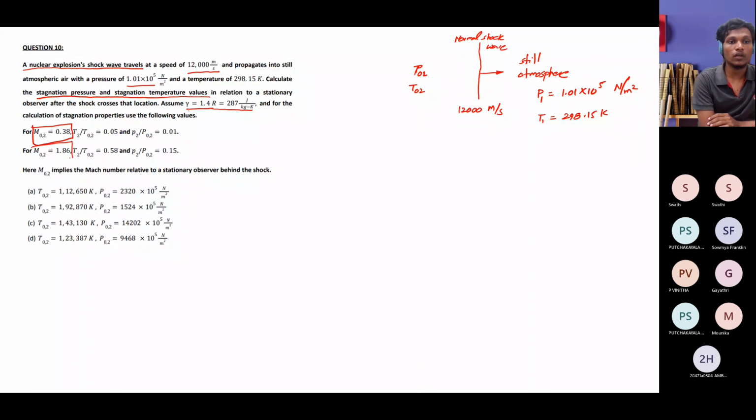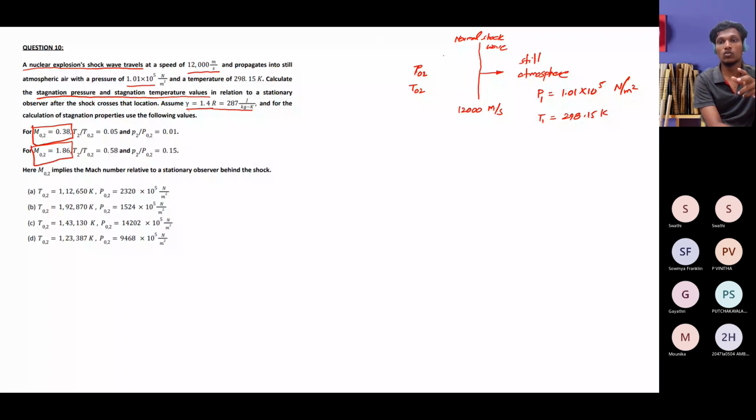These correspond to a supersonic Mach number and a subsonic Mach number. So we have to identify whether the flow behind this normal shock wave is supersonic or subsonic, and then identify its corresponding Mach number. Definitely, we need to see whether it is really supersonic or subsonic.